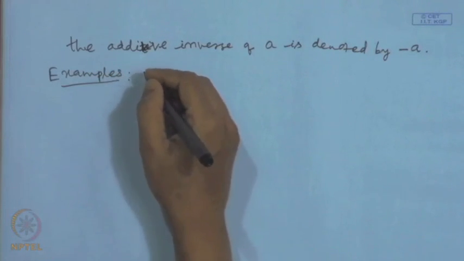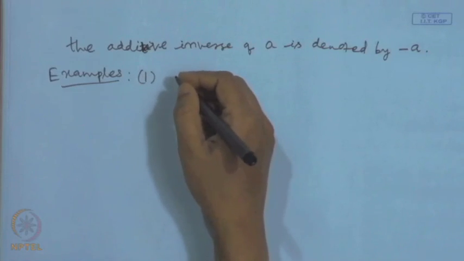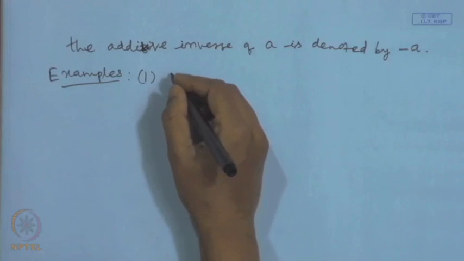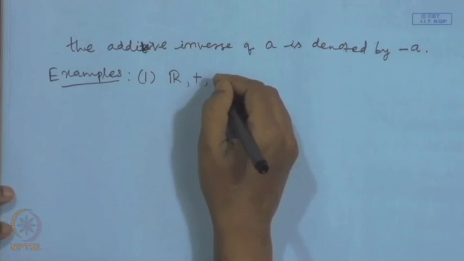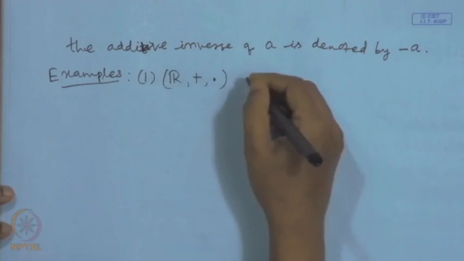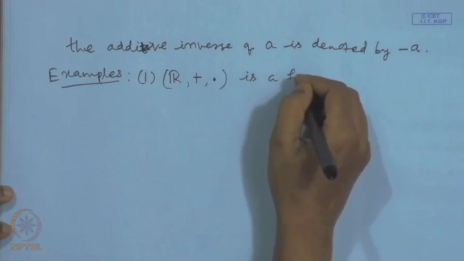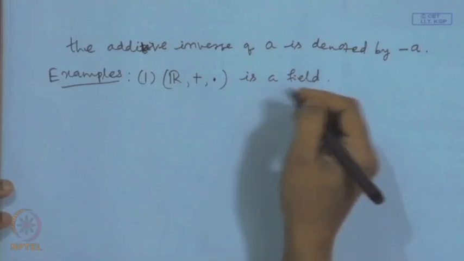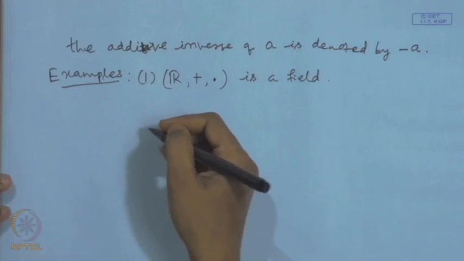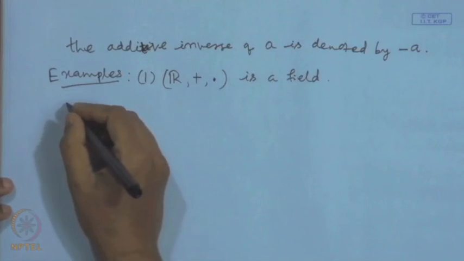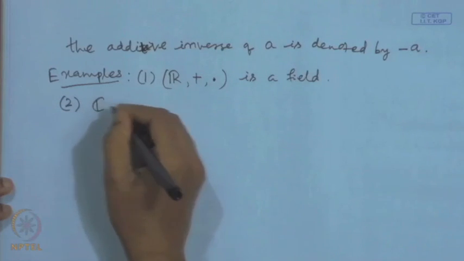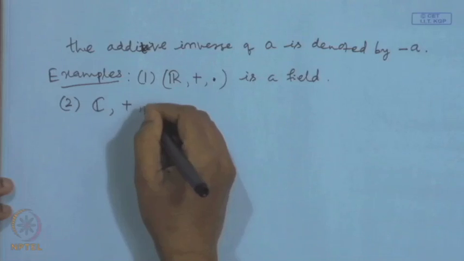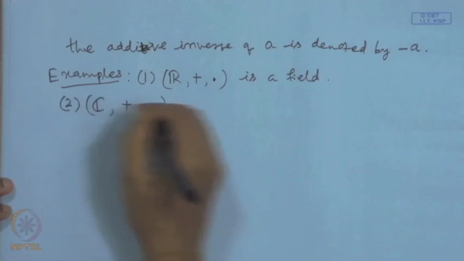So, again we have this very natural example: the set of all real numbers with usual addition and multiplication. This is a field. And second, we also have the set of all complex numbers with respect to addition and multiplication.